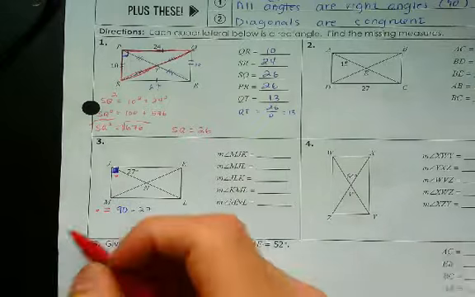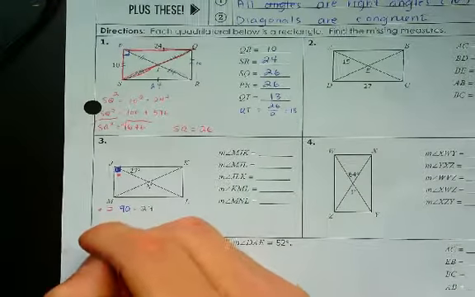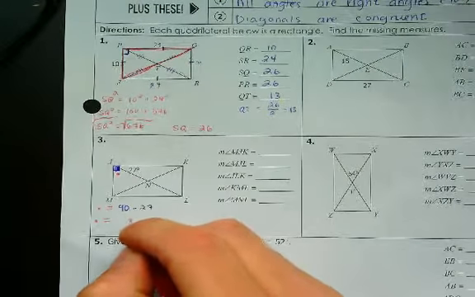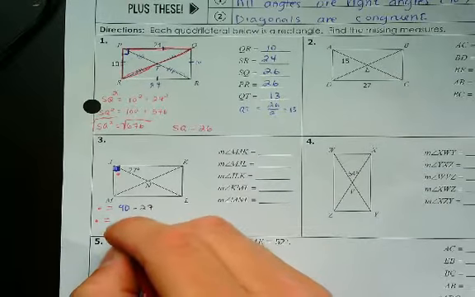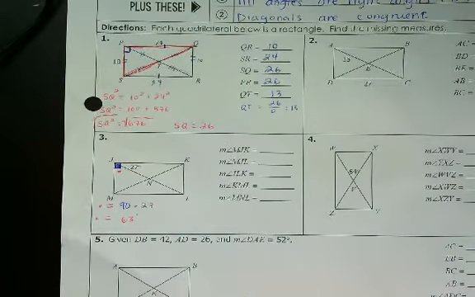Okay, so if I do that, red dot is equal to 63 degrees.